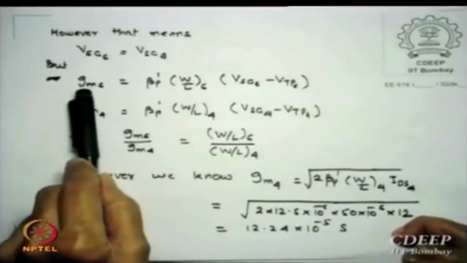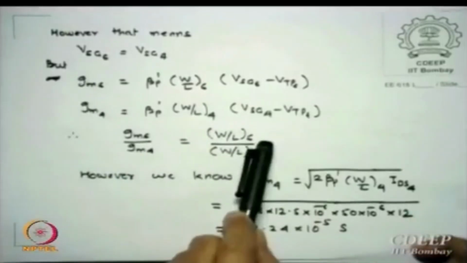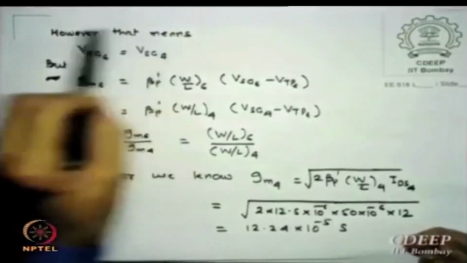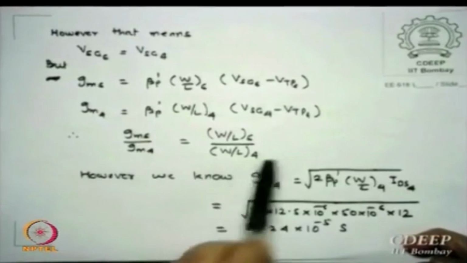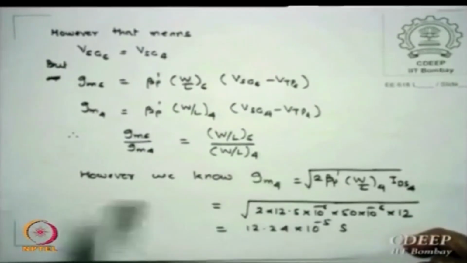The ratio of the two is W by L6 by W by L4. So as long as I prove these are equal, my assumption of gm6 by gm4 is the same as W by L6 by W by L4.